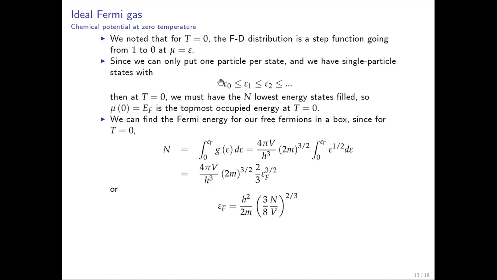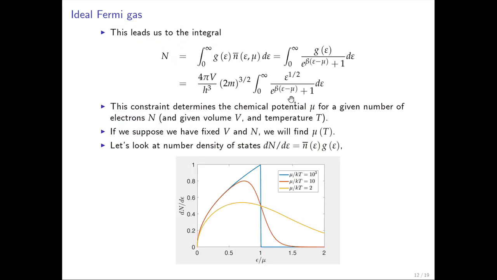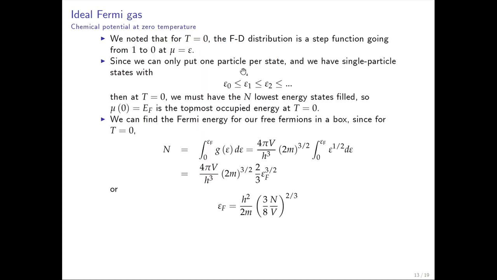So if we go back to this integral here, this is 1 up to the Fermi energy, and then it's 0. So it means we can just integrate the density of states up to the Fermi energy, and then stop there, and this is just a 1 up there.